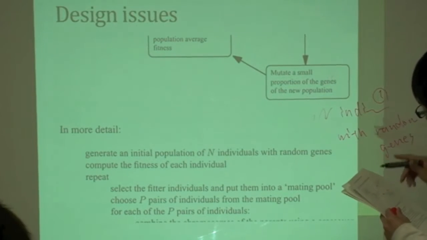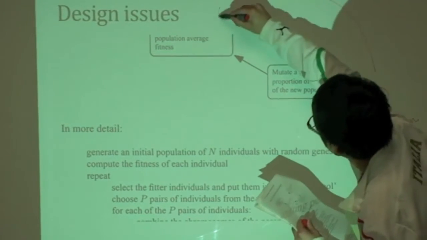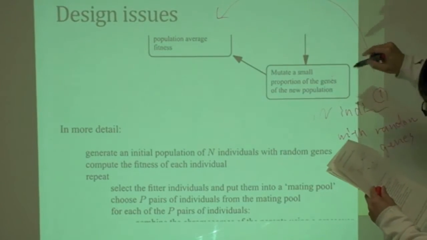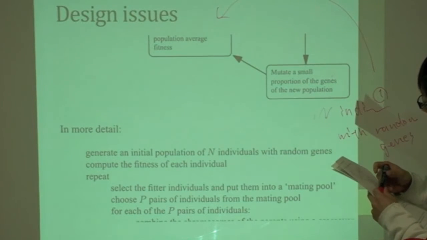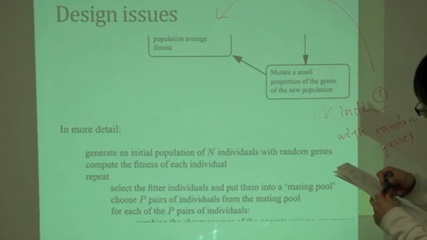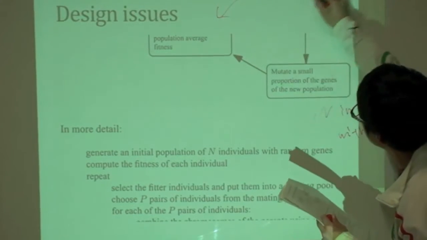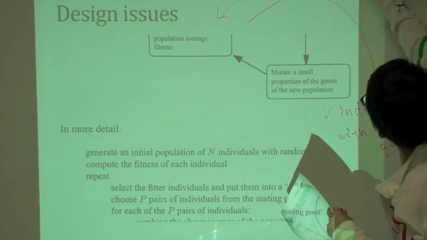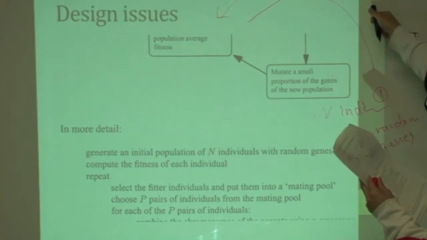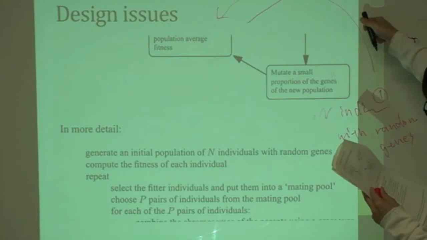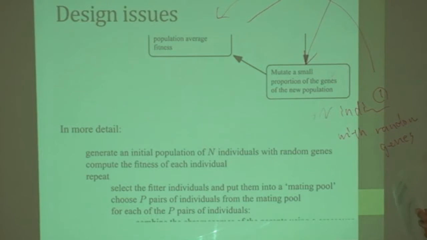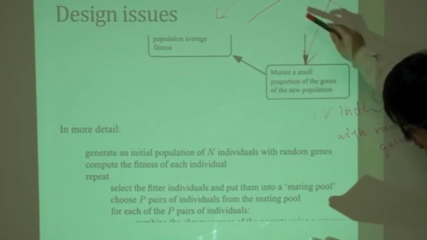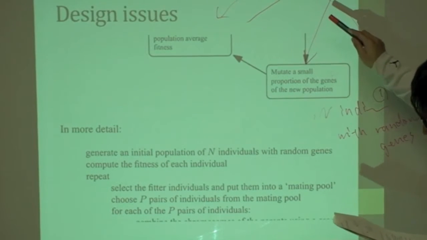Then compute individual and population average fitness. Next, breed a new population by crossover and copying. Then mutate a small portion of the genes of the new population and loop this. This is the evolutionary computation algorithm.